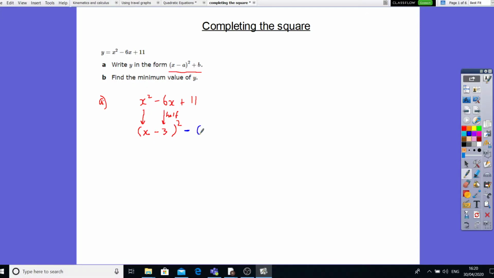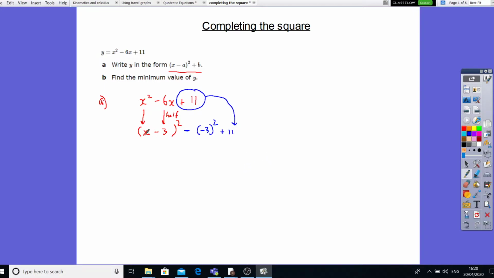Just to prove a point, I'm going to put minus 3 in there and square that. Whatever that is, you always subtract it, and as we square it, subtract the square of that. Then to finish off this last bit, which was the plus 11, we just put that at the end, plus 11.